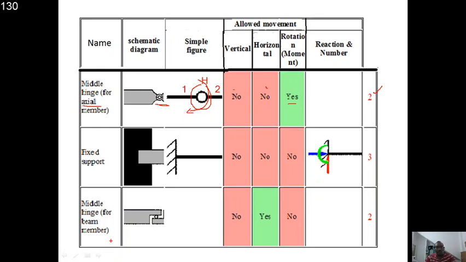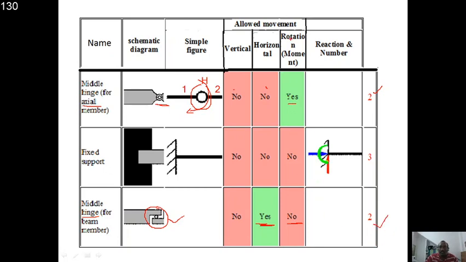And you see the last one, here it is also a middle hinge. A hinge is provided here, right? For this, the situation is changing. This hinge allows horizontal movement, but it does not allow rotation. So the hinge placement matters, and its reactions change according to its placement, but anytime it gives only two reactions.